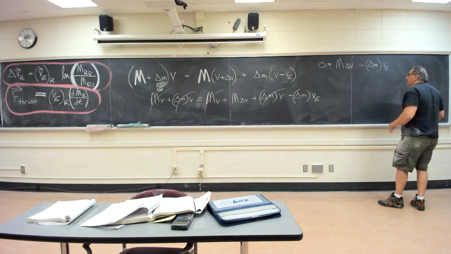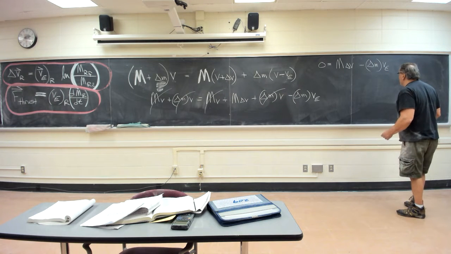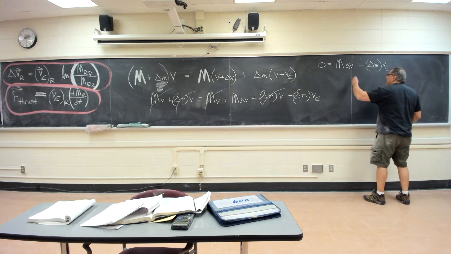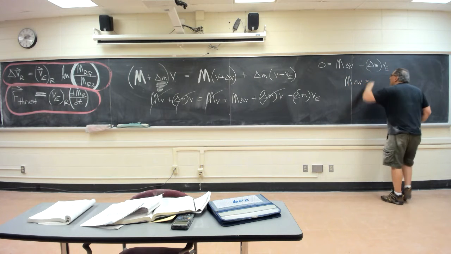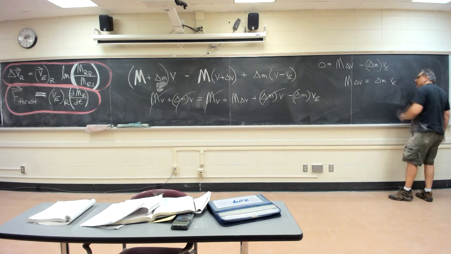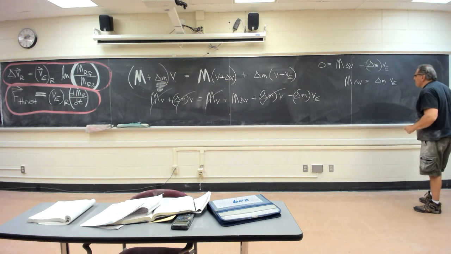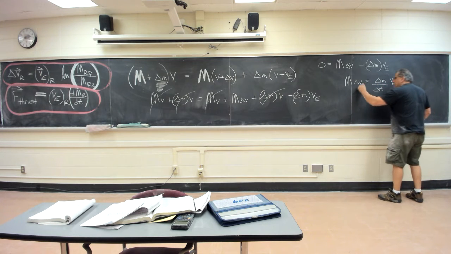The big thing in terms of the magnitude of what's going on here is that this is going on over a period of time. You can get the delta M over there: M delta V equals delta M VE. This all happened during a period of time, delta T, you guys.